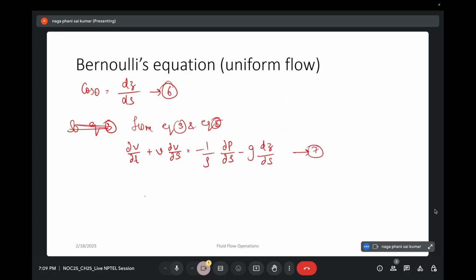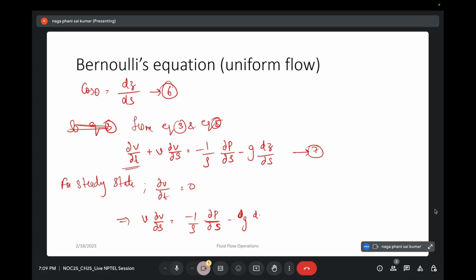So for steady state, dou v by dou t will be equal to 0. Then this becomes v into dou v by dou s equal to minus 1 by rho into dou p by dou s minus g into dz by ds.